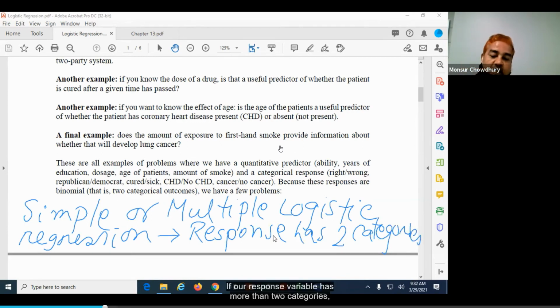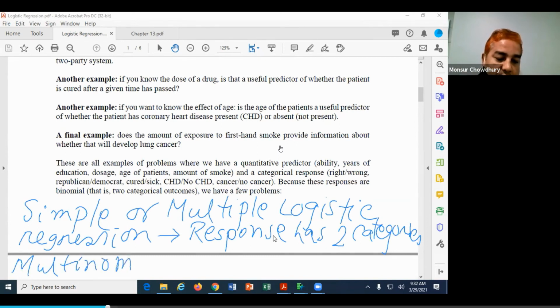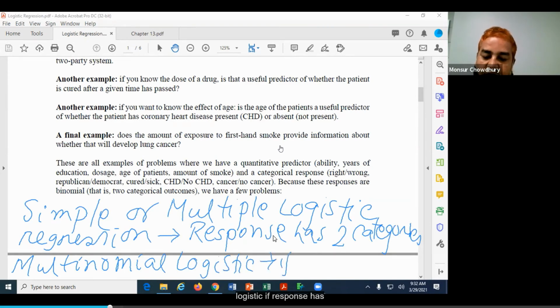Now, if our response variable has more than two categories, three or more, then we call it multinomial logistic regression.